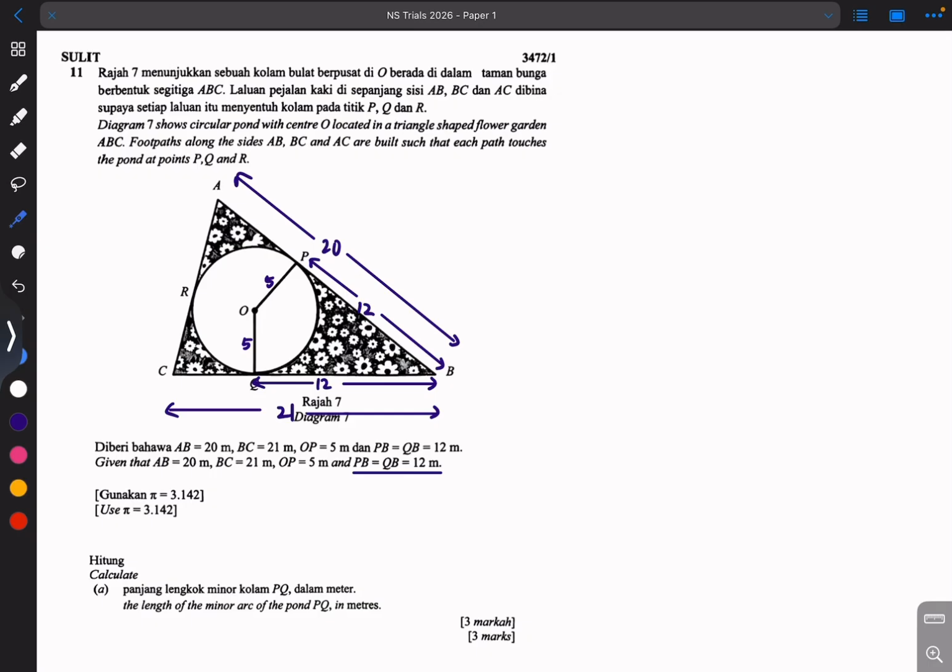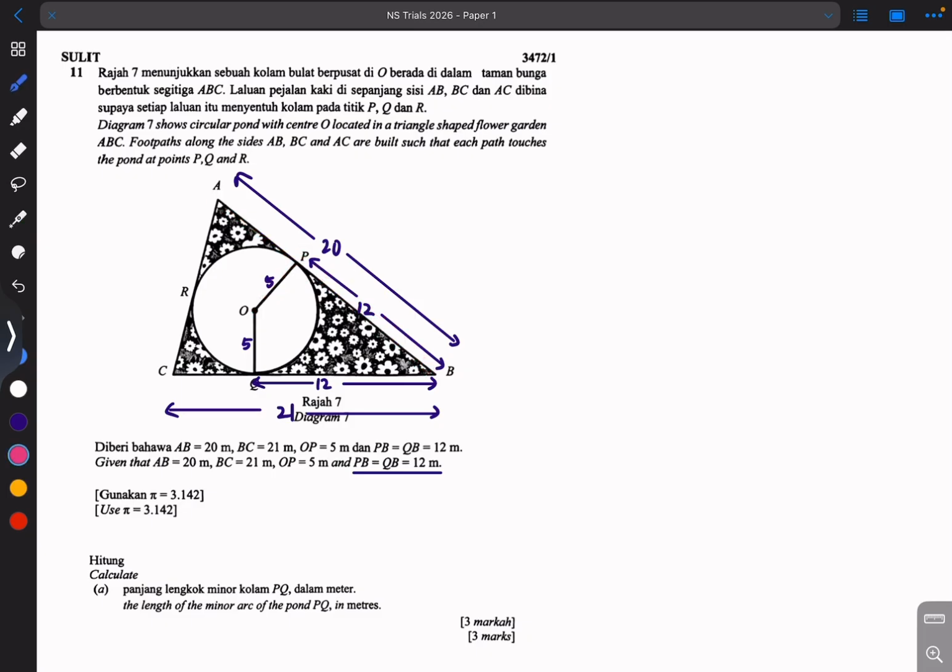Right. So to solve this, we use the arc formula s equals r theta. But r we have, theta we don't have. So first let's solve for theta. Since this is a tangent point, usually if you draw a line and it connects to the center, this will be a tangent. Tangent means 90 degrees.